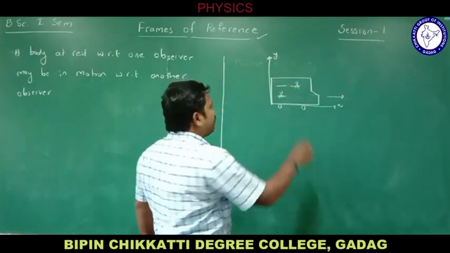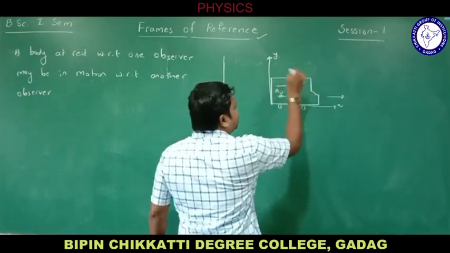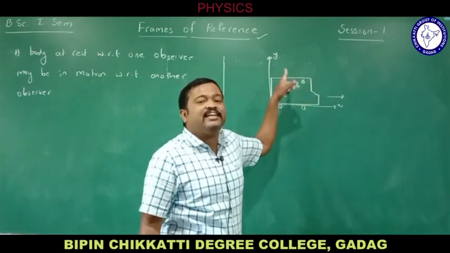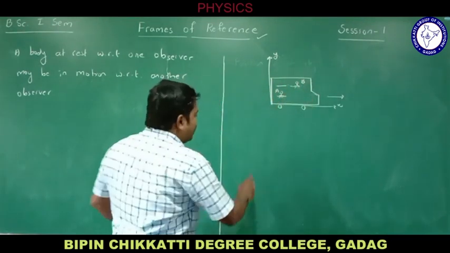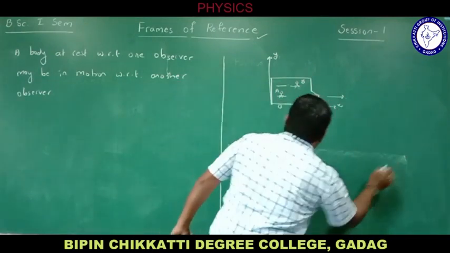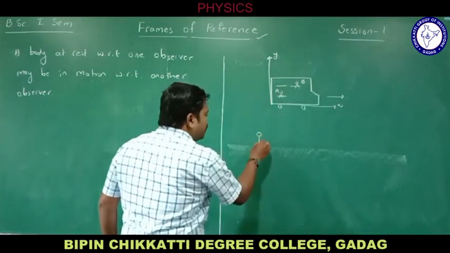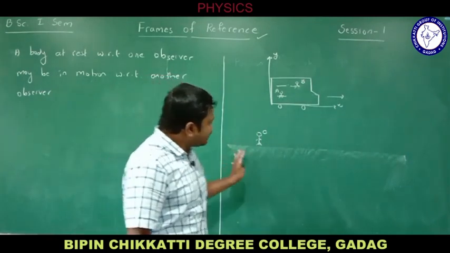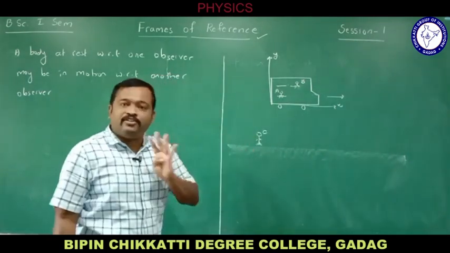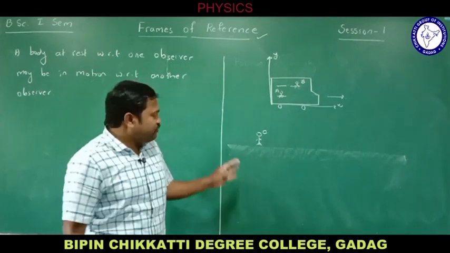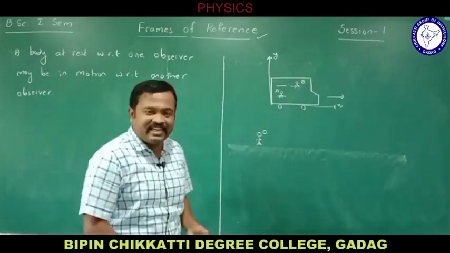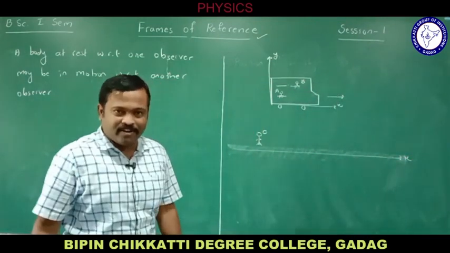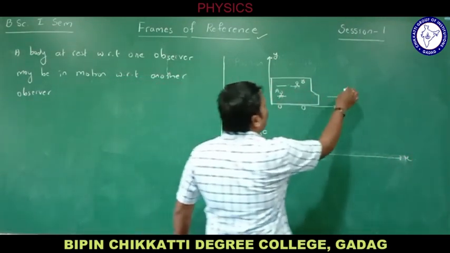For example, if this is A and this is B, A feels that B is at rest. But if there is the ground here and another person standing, let me call him C, he takes the ground as the reference. So this is the frame he is considering. Now the bus is moving with some velocity.